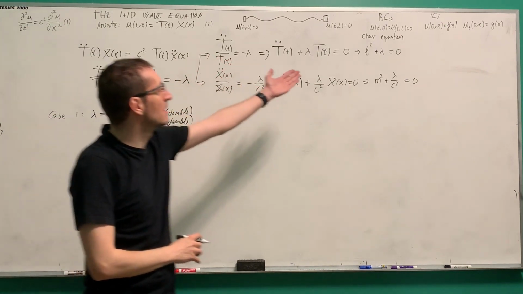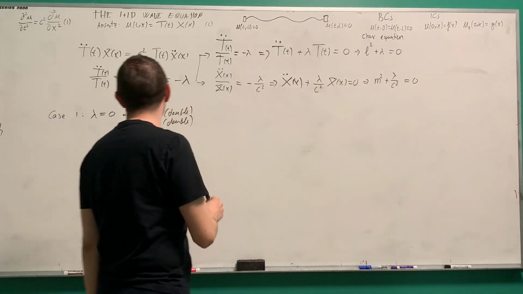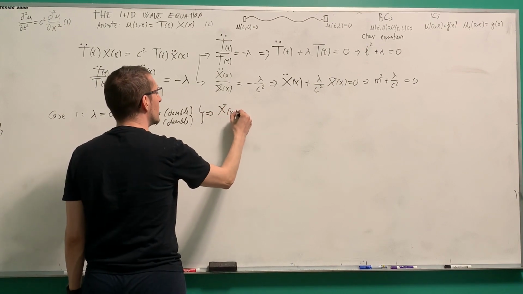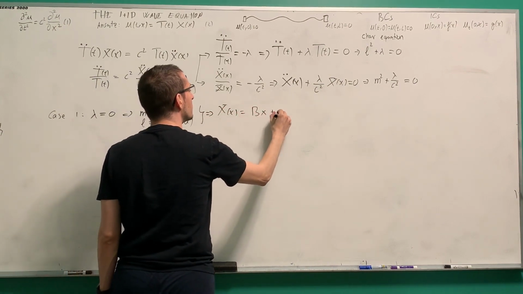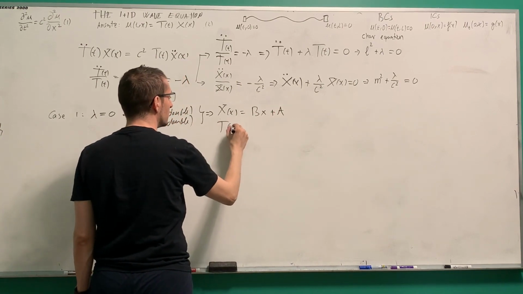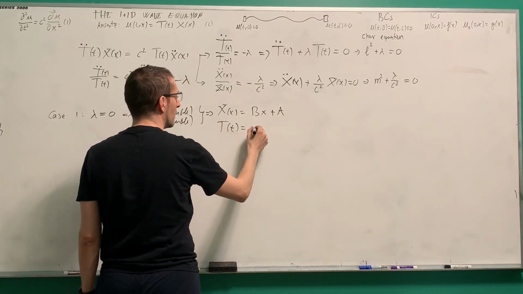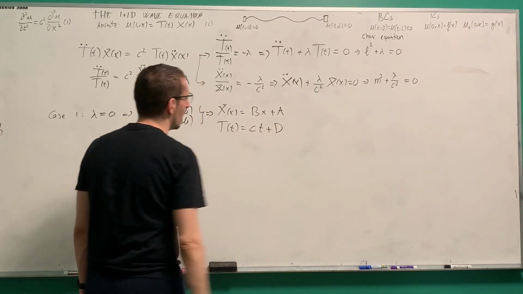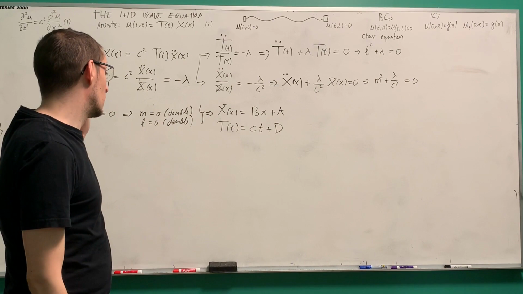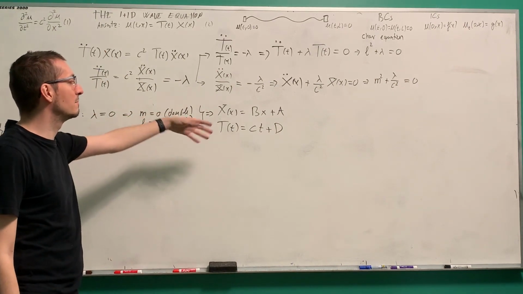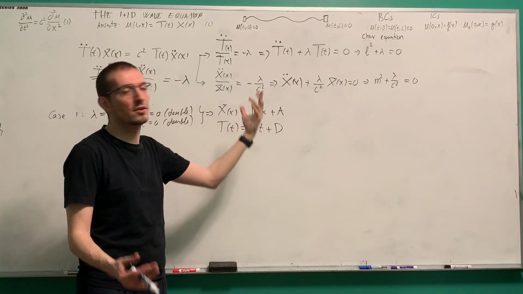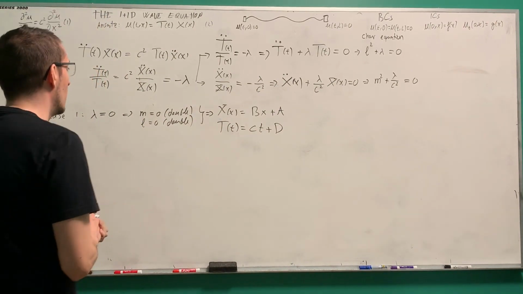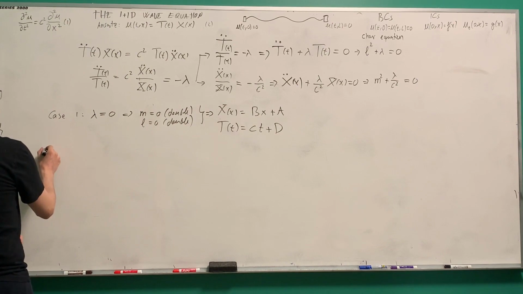As you can see from this equation, solve for L and for m. That means that X of x would be bx plus a, and T of t would be ct plus d. We don't need all those constants. We can suppress one of them because it's a product of the two, but I wrote all of them for clarity here.